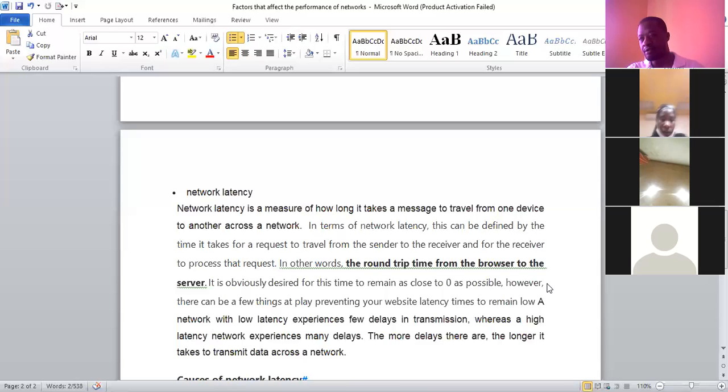So simply, let's look at a typical simple example.